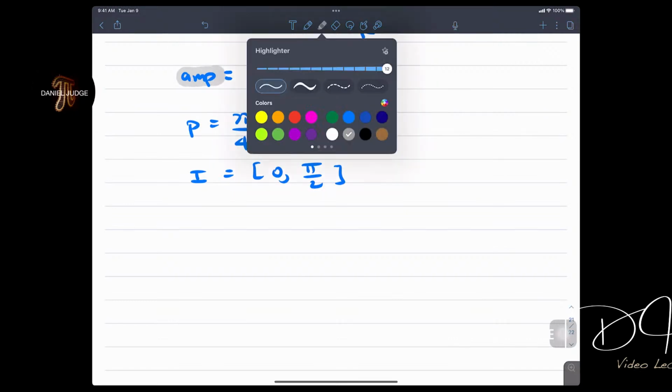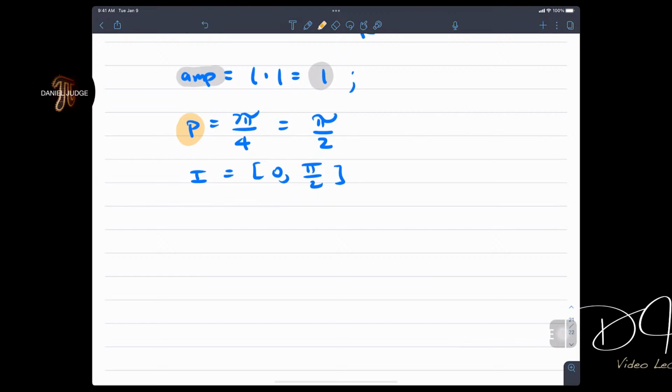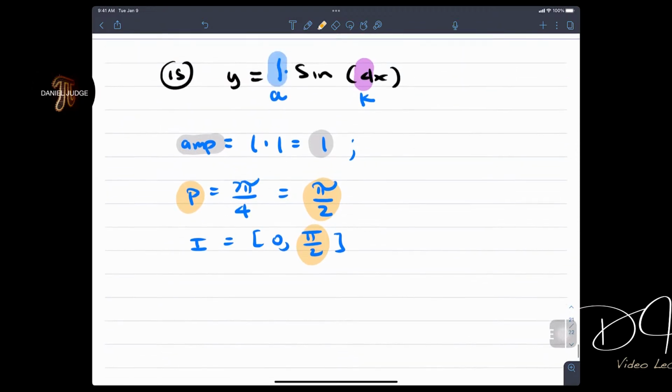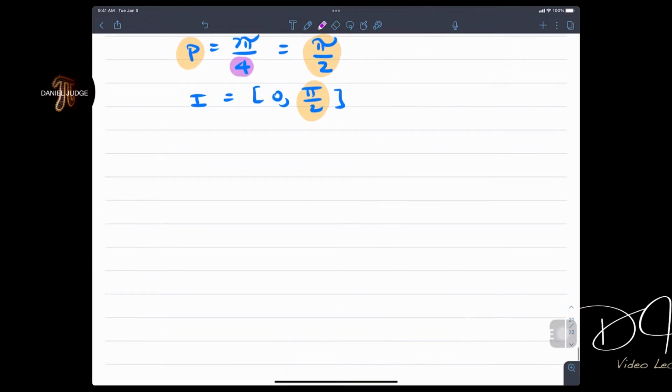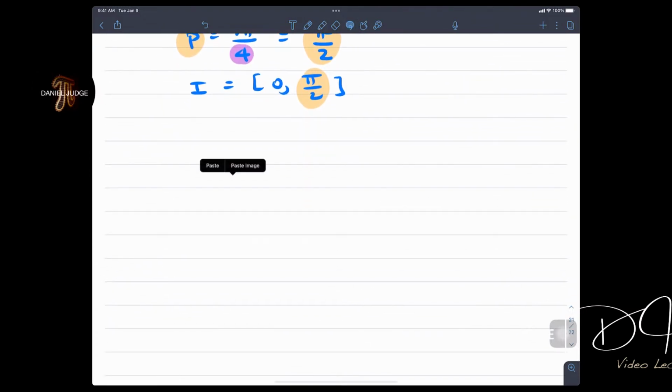Amplitude is 1. Period is pi over 2. So you go from 0 to pi over 2, that interval of 1 cycle. Here's that k value. All right, here we go.